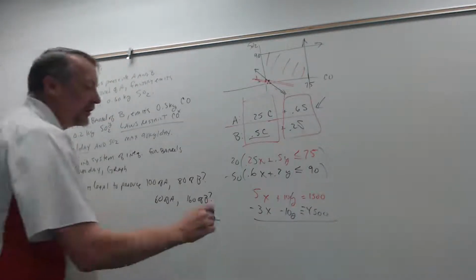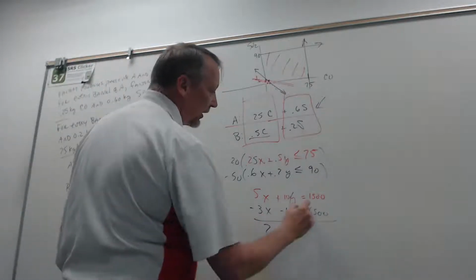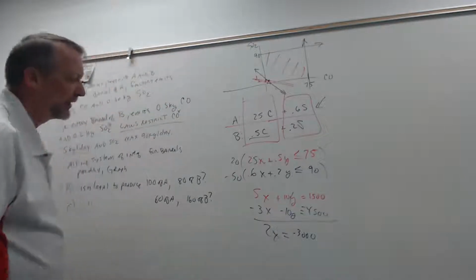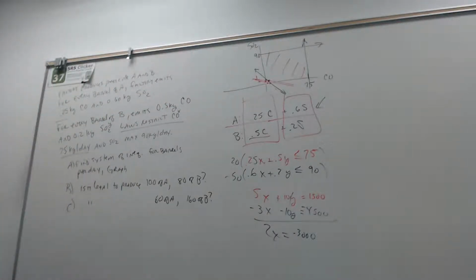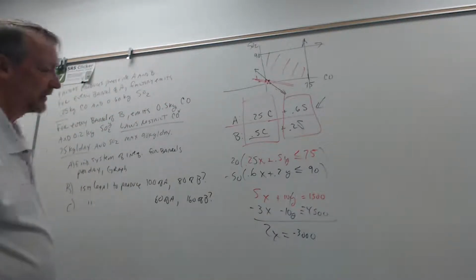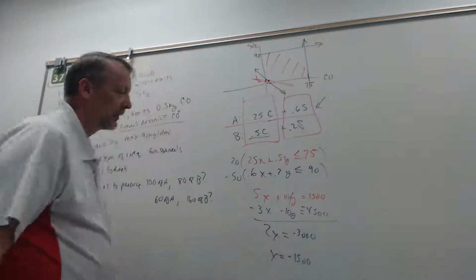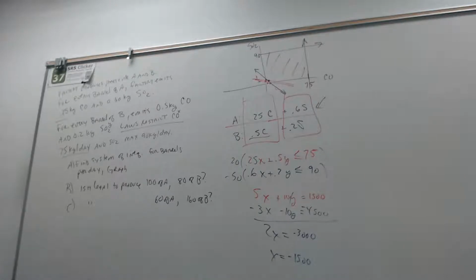All right, so I've got 2x equals, that's -3,000. Is that right? Yes. So x equals -1,500. Is that right? These equations are set up right.